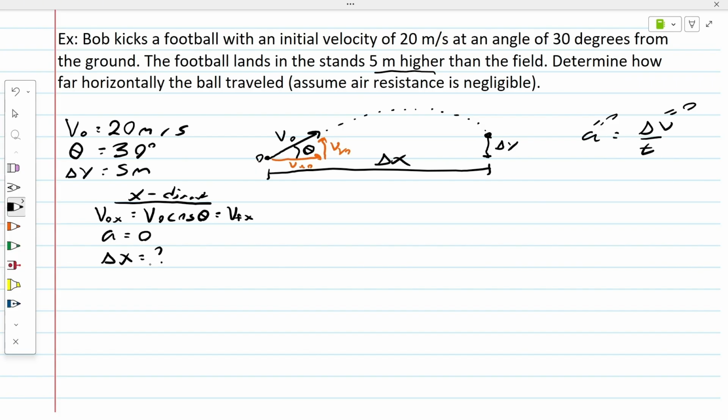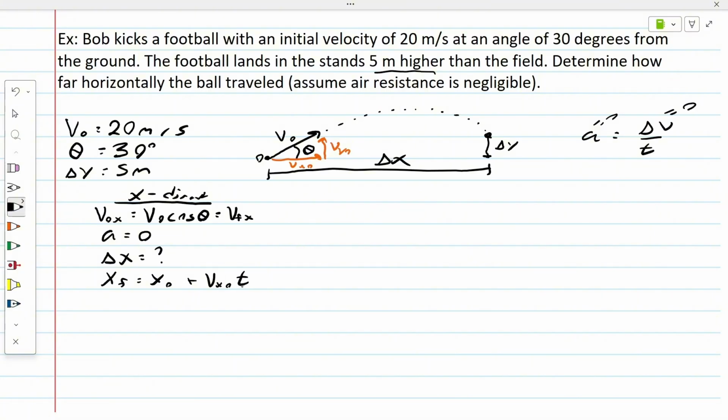And so we need to figure out what equations we can use, right? So there's nothing that just has these variables in it that we can immediately solve for the change in x. But one that can get us pretty close would be this x final equals x initial plus vx naught t.